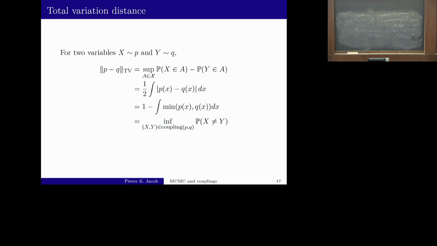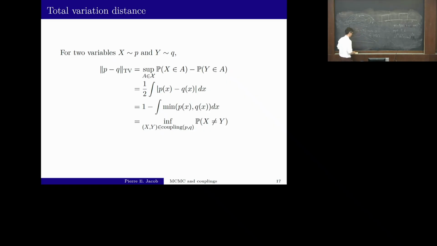They're all equivalent. You can prove one from another. It's either the maximal difference of the probabilities assigned by those two distributions to all sets, so this is a supremum over the sets. Or if you have densities, to me, one of the most intuitive definitions is the one with densities.